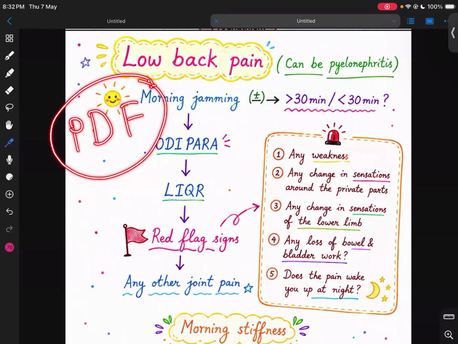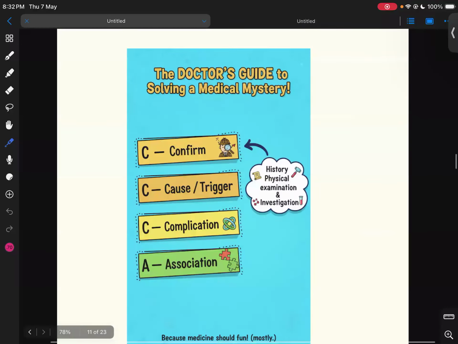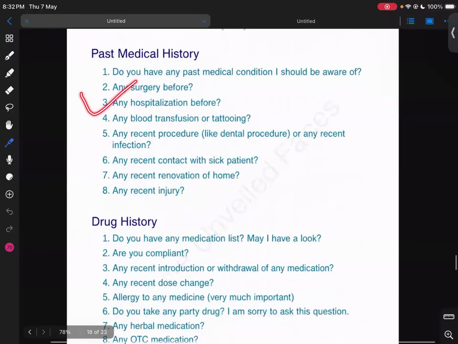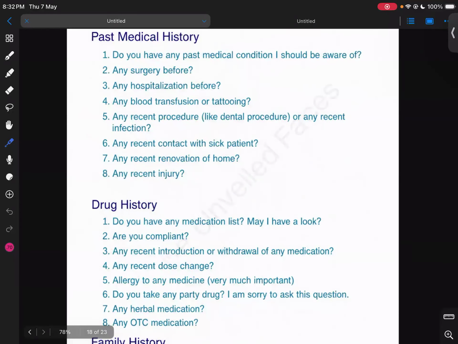If you ask in detail, in more than 80% of cases, sometimes 100%, you'll get your diagnosis within 2 minutes. But you have to know what question to ask for the past medical history, drug history, and family history. Unless you ask that specific question, the surrogate will not give you the answer because they are instructed to do so.